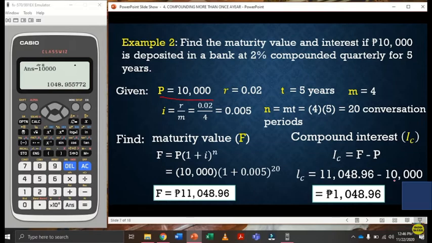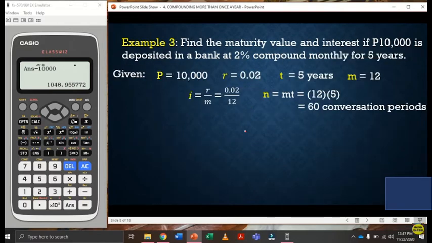So, next. Try this one: find the maturity value and interest if 10,000 pesos is deposited in a bank at 2% compounded monthly for 5 years.